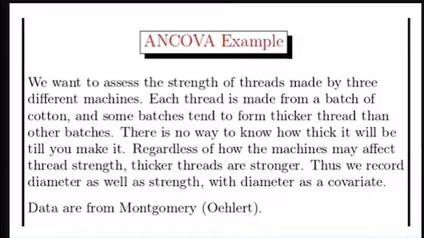In this example now, because there's a diameter, that needs to be adjusted. The effect of diameter needs to be removed before we can successfully investigate the effect of the factor here, or the effect of the machines, on the strength of the thread. If we ignore that, then we're actually going to have an issue.